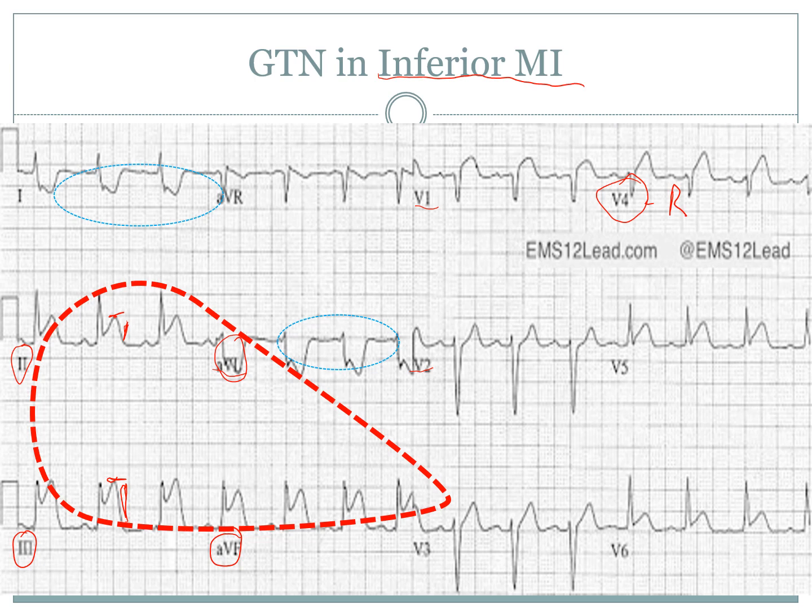And that is simply done by placing the V4 electrode in the 5th intercostal space on the right side mid-clavicular line. Now the V4R has a sensitivity of about 88% and a specificity of 78% in diagnostic accuracy for a right-sided MI. Okay, so it's a really good one to use.